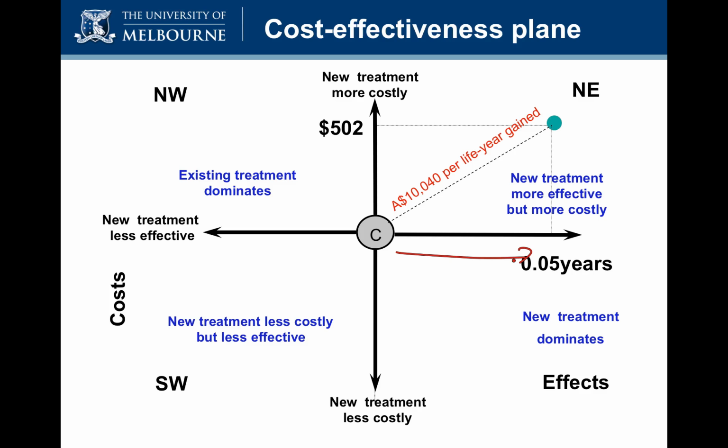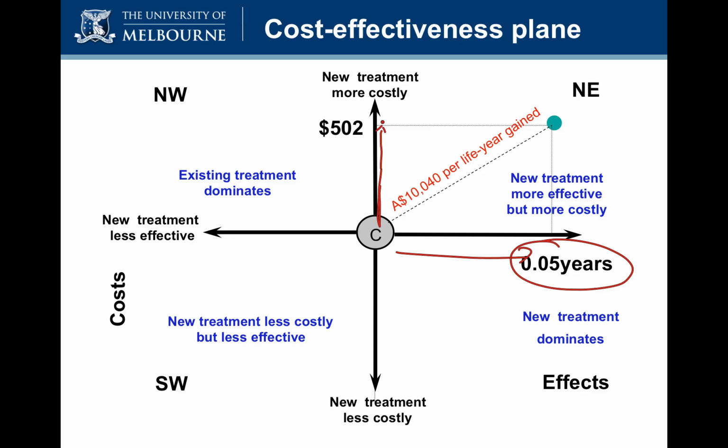So what we obviously have is 0.05 life years gained, and so that's the increase in outcomes of the intervention over control. On the y-axis up here is the incremental increase in costs of the intervention over control.